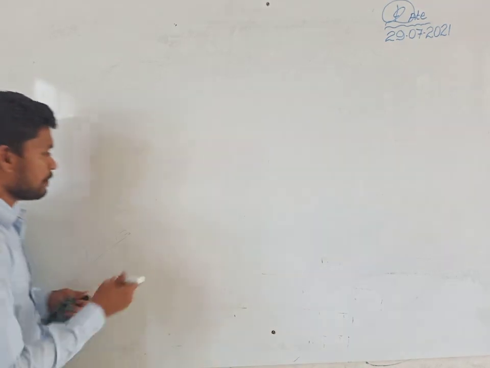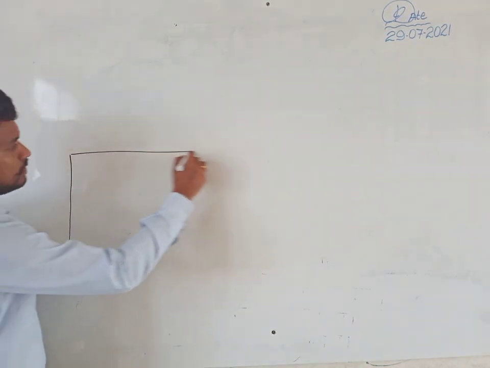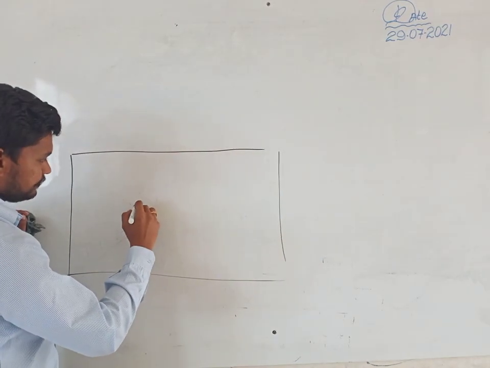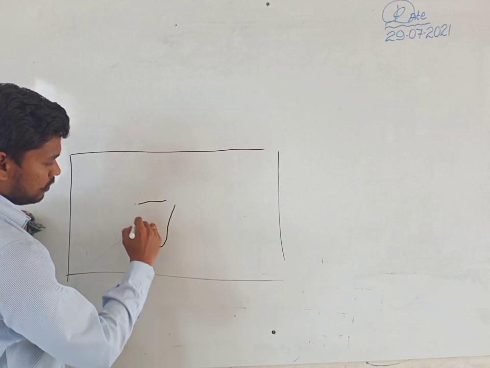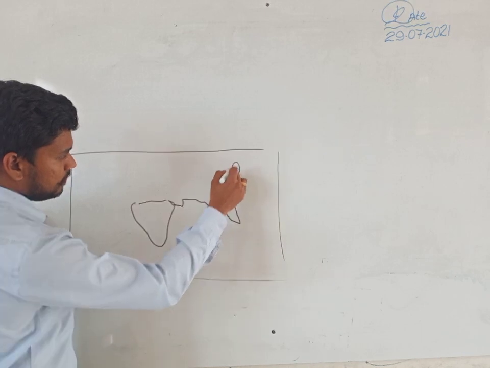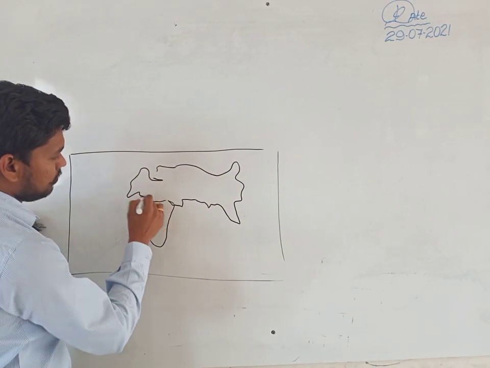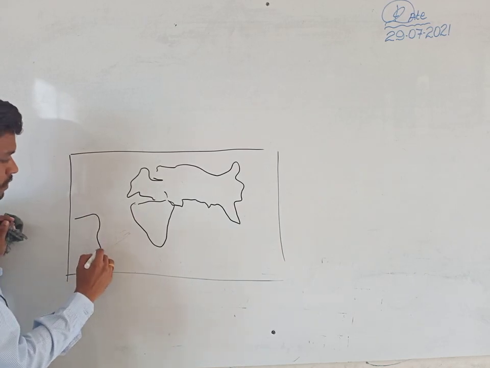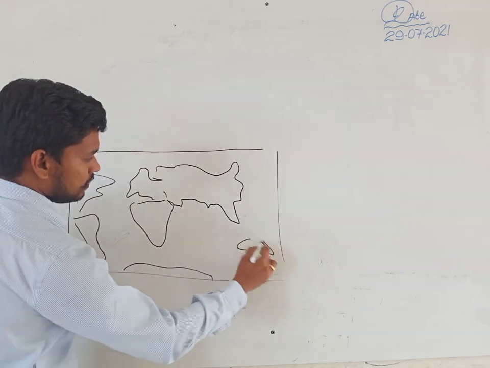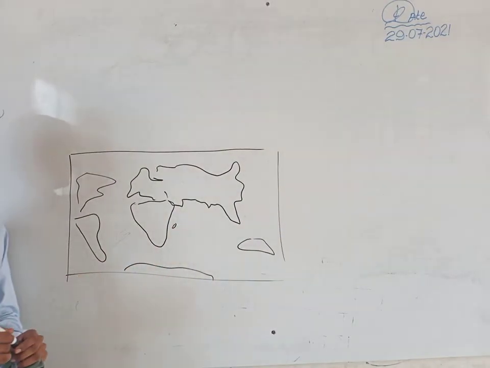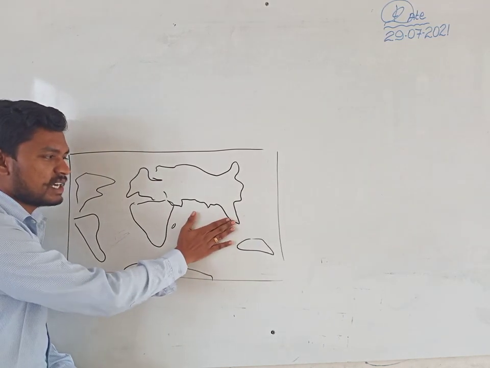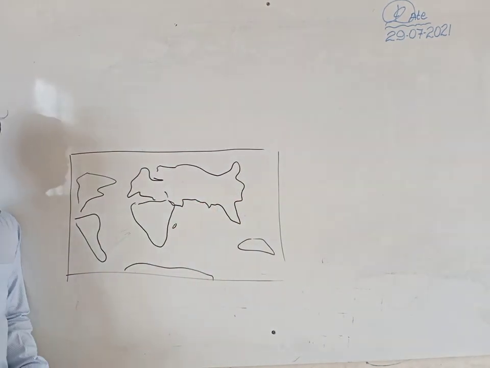So here, suppose it's a world map. This earth crust is divided, broken into pieces.